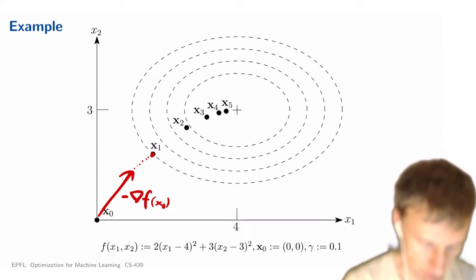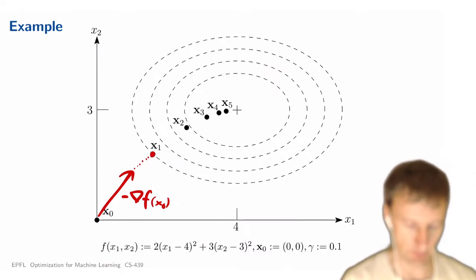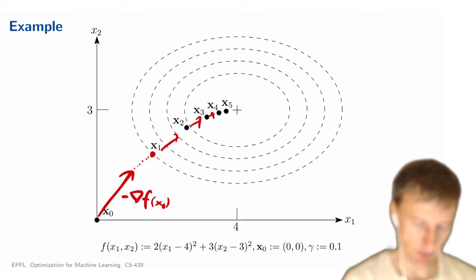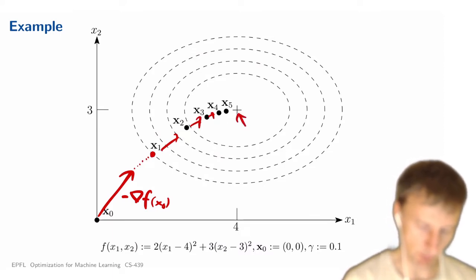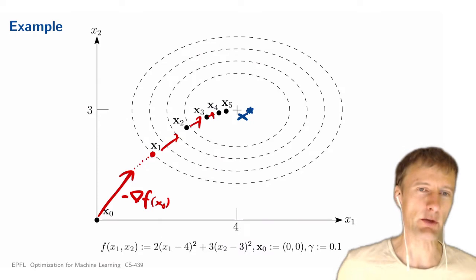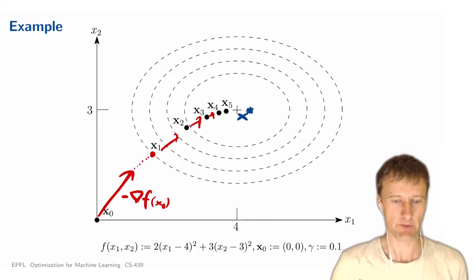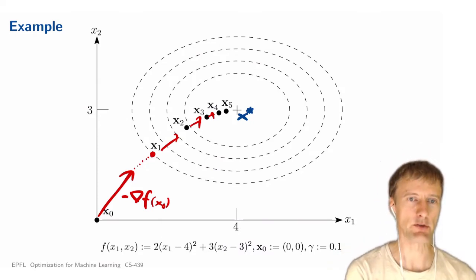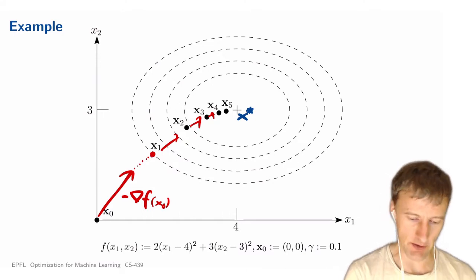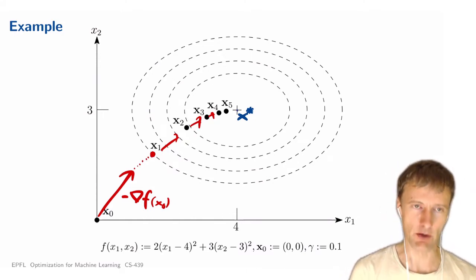That gets me to the next iterate, which is the point at time 1, and then I repeat for time 2, time 3, and so on. It will never really bring me to the perfect optimum, which here happens to be unique because this is a strongly convex function, also strictly convex. We're not getting there exactly, but we're going to get there very closely.